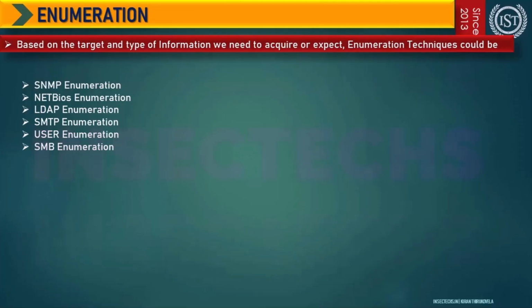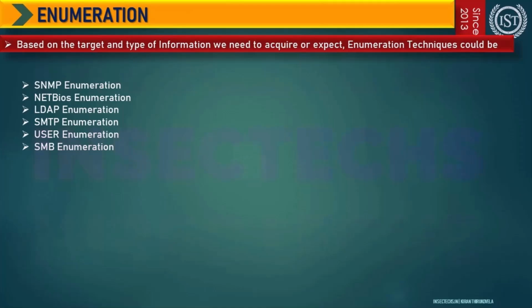Now SMTP enumeration. SMTP stands for Simple Mail Transfer Protocol. It is a protocol used for sending and receiving email messages. So SMTP enumeration is a technique used in a private environment in an organization to find out the organization's email infrastructure, particularly its email addresses and email servers, querying the SMTP protocol to get information about the email infrastructure.